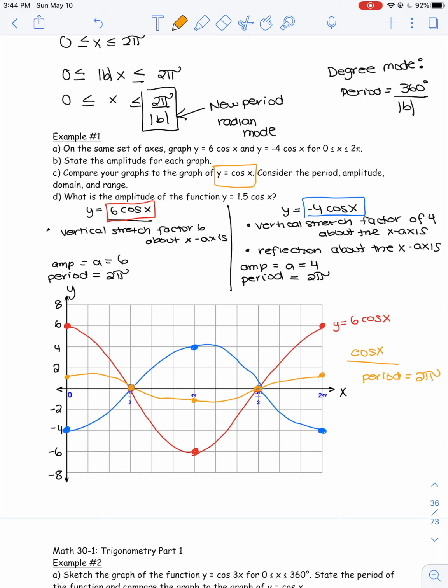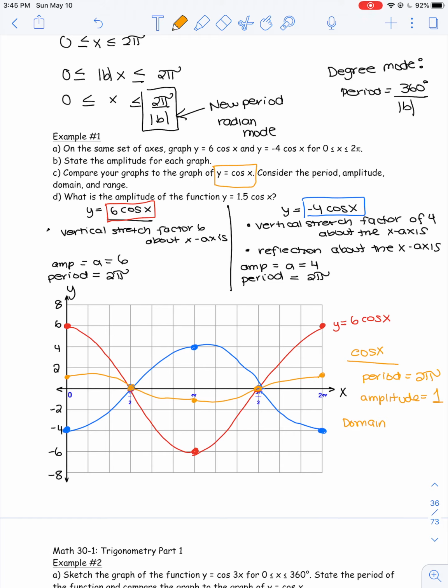Just like the ones that we had, there was no value in front of x. Your amplitude is 1, so the height above your midpoint is equal to 1. And your domain, in this case, is normally x ∈ R, but we're using the domain that they gave us.